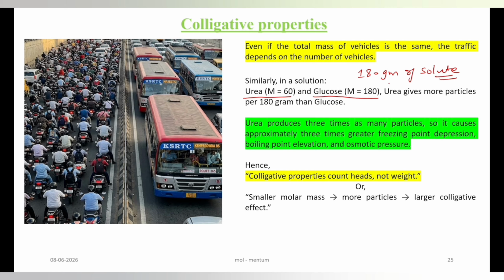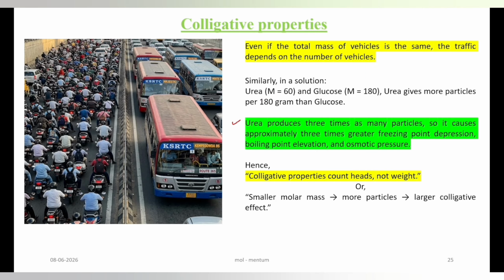So if the mass is 180 grams, urea will have three moles of particles, because 60 into 3 is 180, whereas glucose will have only one. Urea is having three particles. So which of these two solutes will have a high impact on colligative property? Obviously urea, because colligative property deals only with number. I hope it is clear.